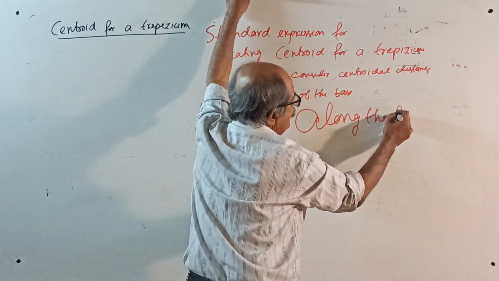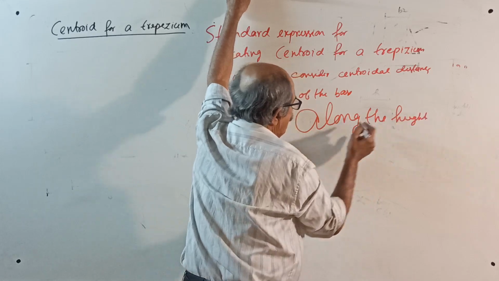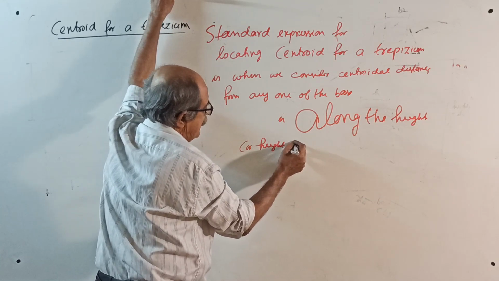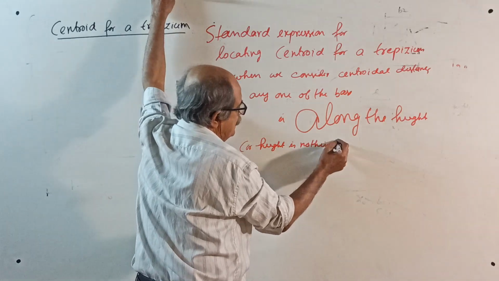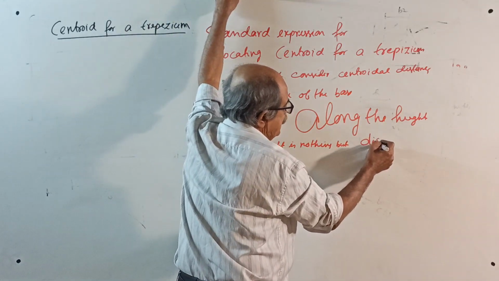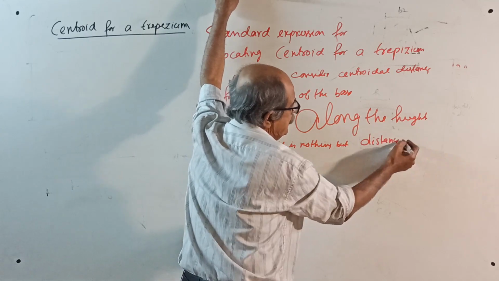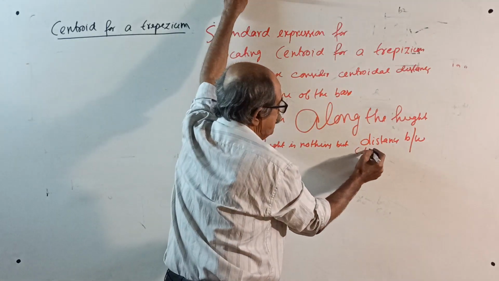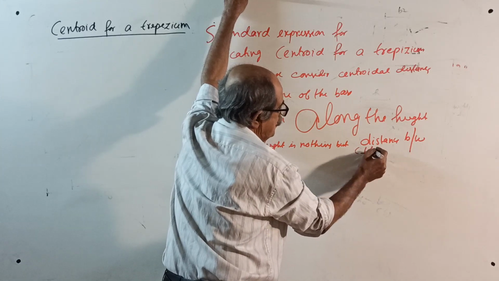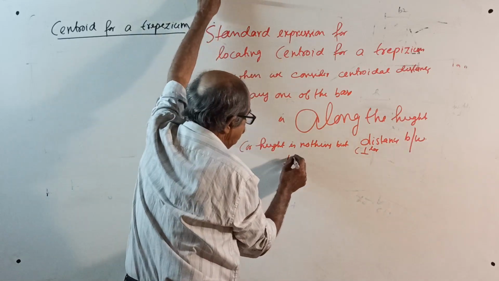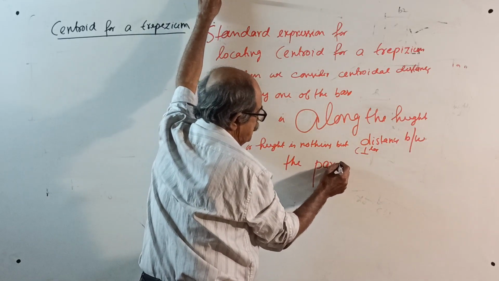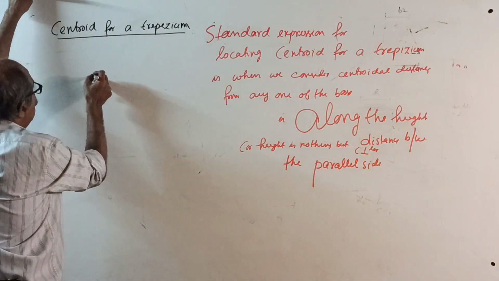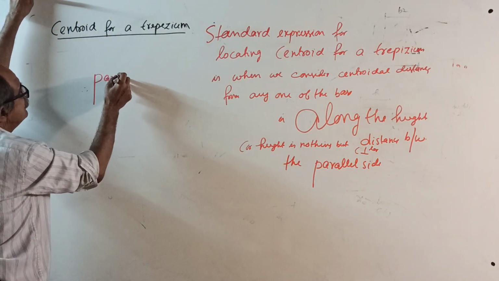Again, the standard formula is along the height, or that height is nothing but the perpendicular distance between the parallel sides. Understood, perpendicular distance.